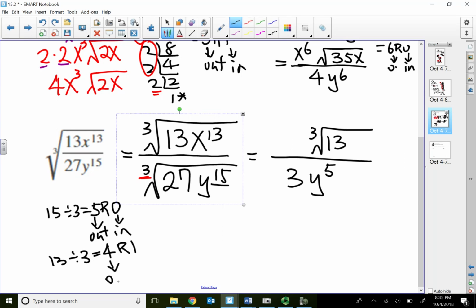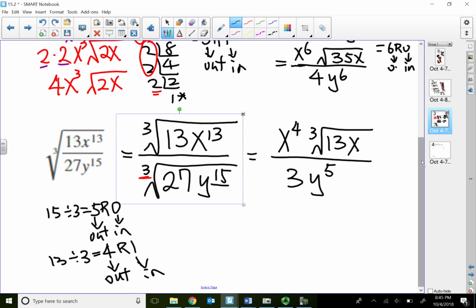So 4 x's will go out, because there are 4 different groups of x times x times x. All 3 of them go out as one of them. So it will end up being 4 of those going out, and one of them stays inside. There you go. That's my answer.